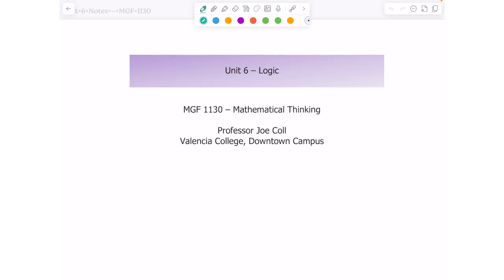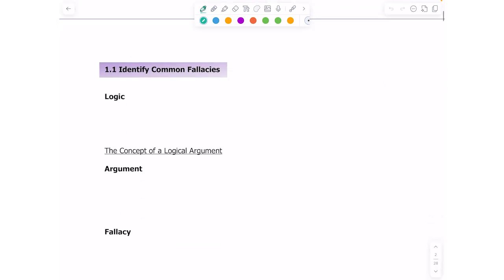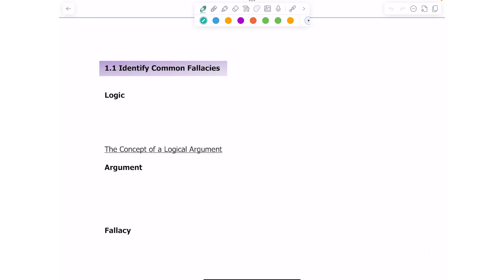First section we're going to discuss is identifying common fallacies. So first of all, logic is just the study of the methods and the principles of reasoning.